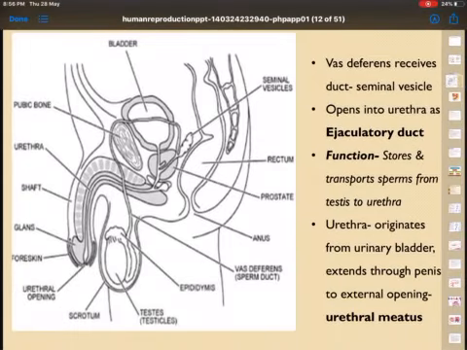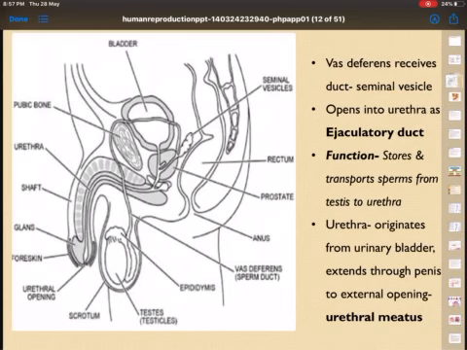And look at that again. Vas deferens receives a duct from the seminal vesicle and opens into the urethra as ejaculatory duct. Its function: it stores and transports sperms from testis to urethra. Urethra originates from the urinary bladder and extends through the penis to an external opening called urethral meatus.